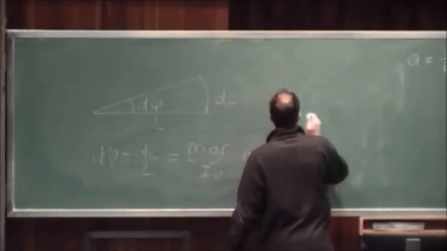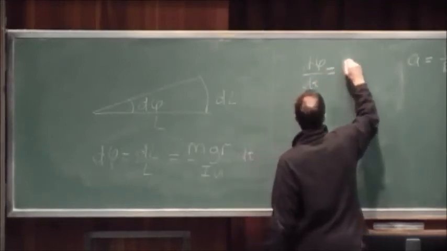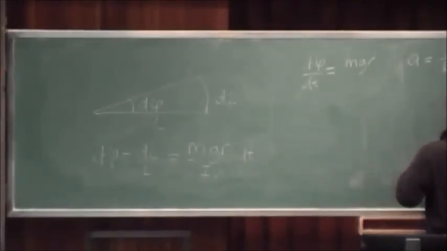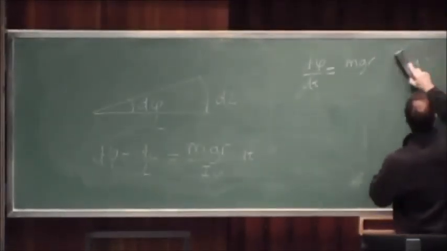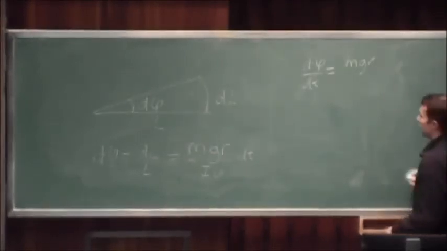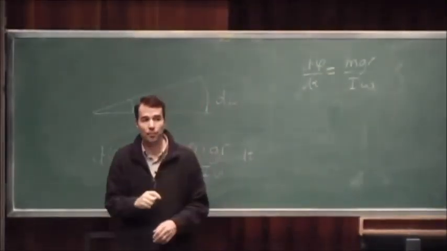So if we divide by dt, we get d phi dt is equal to mgr over I omega. But what is d phi dt?